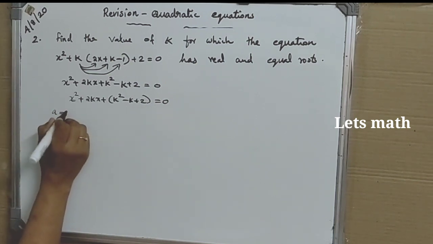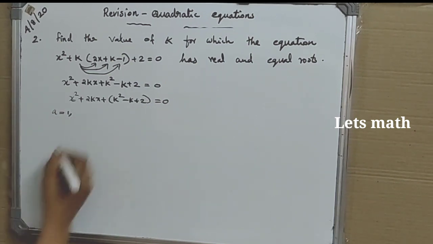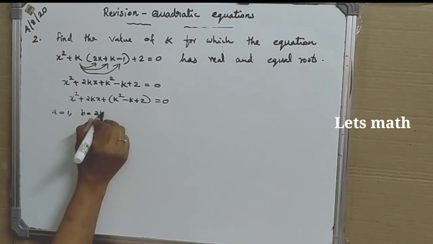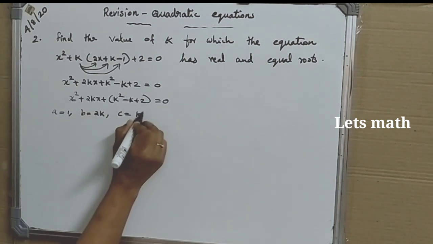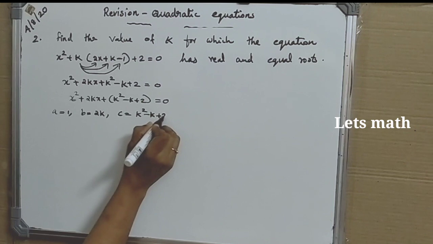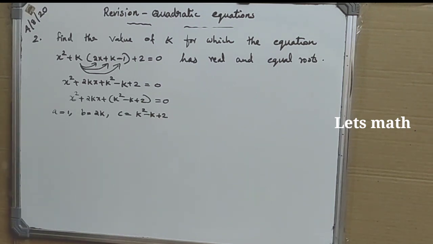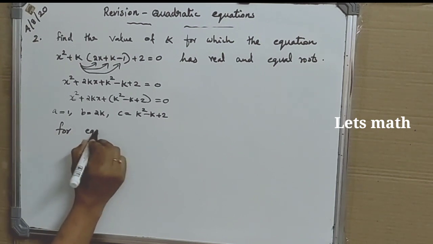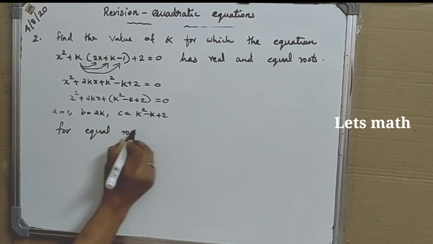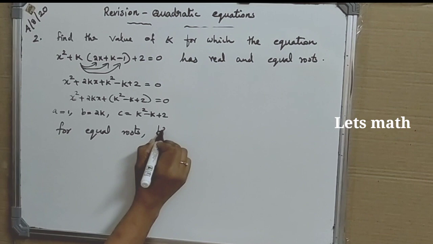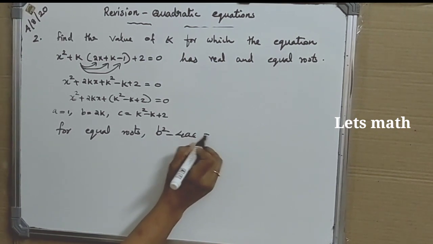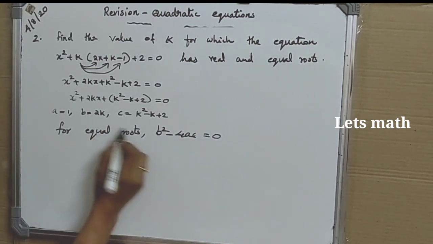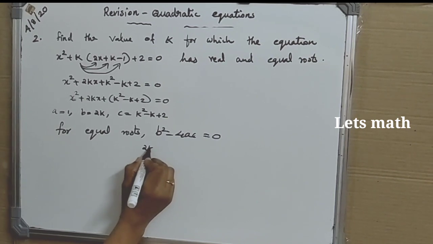Now we have a equal to 1 and b equal to 2k and c equal to k square minus k plus 2. Now we write the condition, that is, for equal roots b square minus 4ac equal to 0. Let us apply the values now.